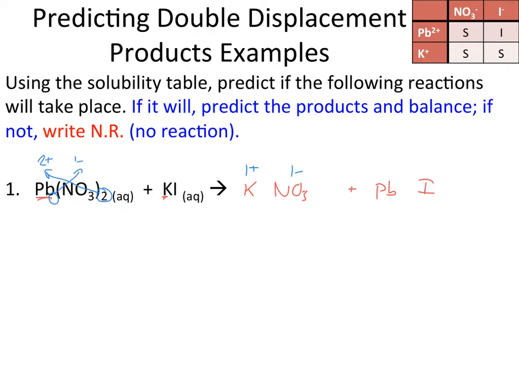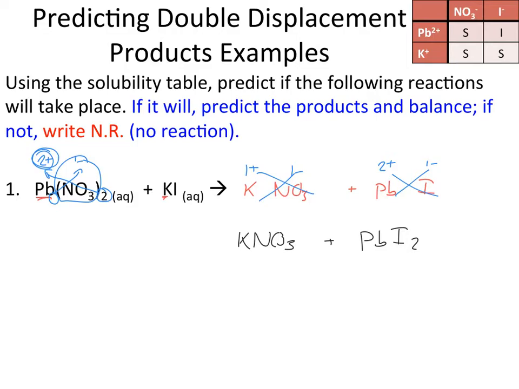I compare the charge of the nonmetal, which is minus 1, so that means that the charge of Pb is 2 plus. And from my periodic table, this is 1 minus. So I cross-cross, and I cross-cross, and let's see what I get here. So I will get KNO3 plus PbI2.